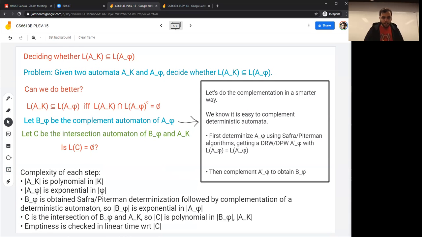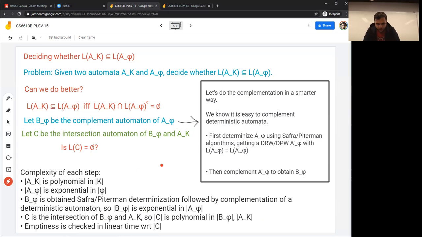Okay. So again, we can go through our algorithm and its complexity. So computing this automaton was easy in linear time. Computing this automaton took exponential time, and we showed we can't do it better. Computing the complement is now done in exponential time. We showed how we can do intersection and emptiness checking in polynomial time.